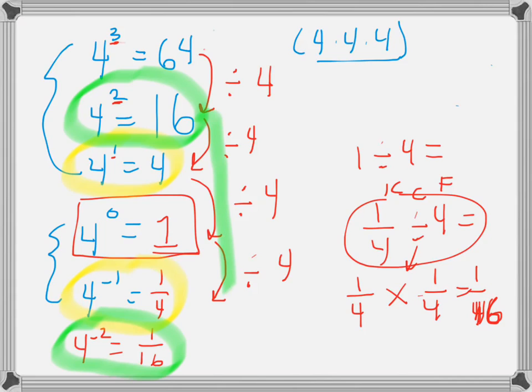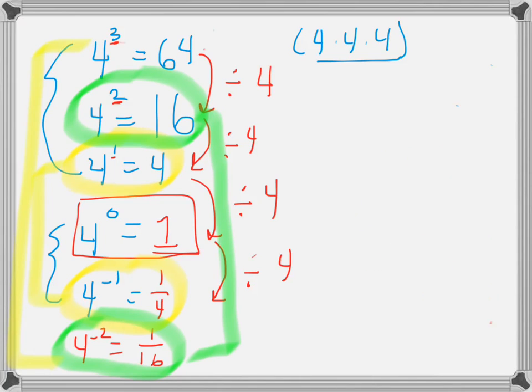So if you think about the link between those two, and then the link between these two, you'll see the rule that we're going to come up with in the second slide.